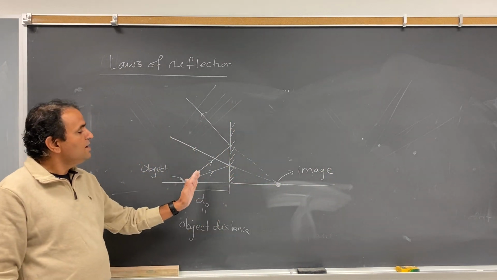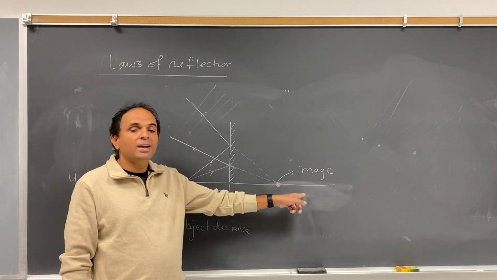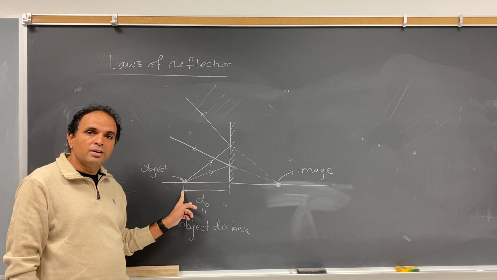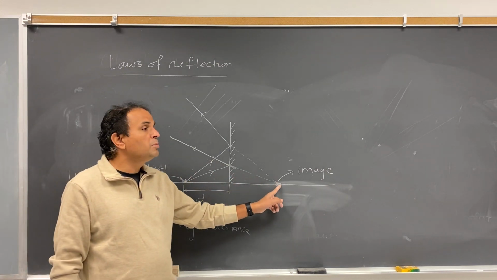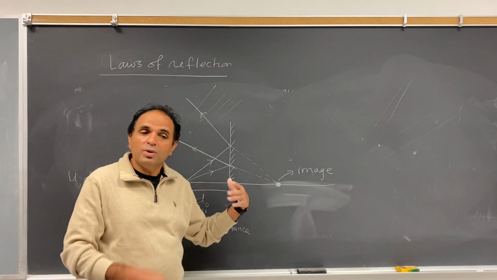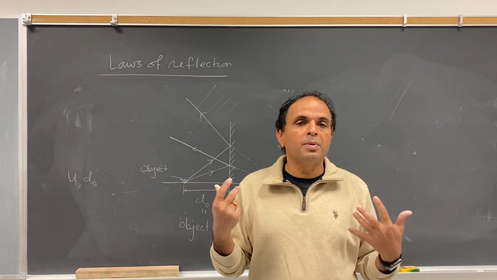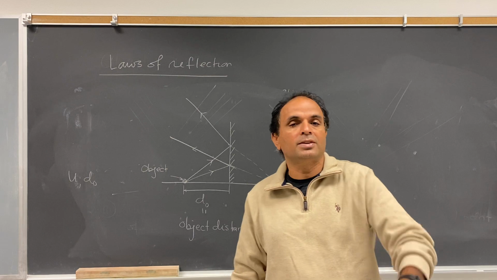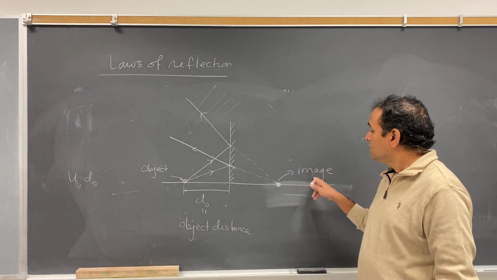So the image is formed behind the mirror. You keep the object in front of the mirror, but the image is formed behind the mirror. You can observe this. Stand in front of the plane mirror, you can see the image behind the mirror, behind the reflecting surface of the mirror. Okay, so this is the image.